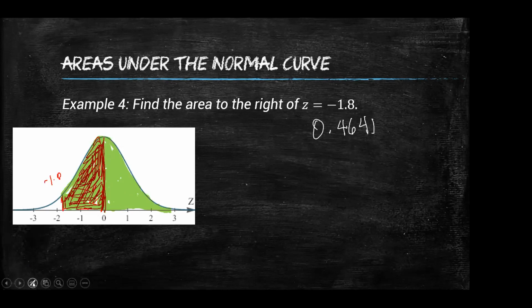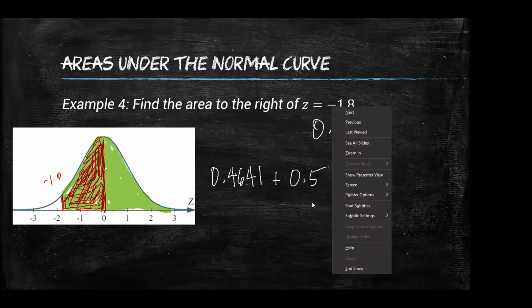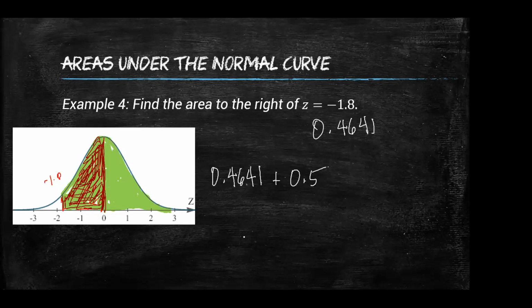So that would be 0.4641, the area between negative 1.8 and 0, plus 0.5, which is the area from 0 onwards. So what's the area to the right of z equal to negative 1.8? That would become 0.9641. Ayan, very good.